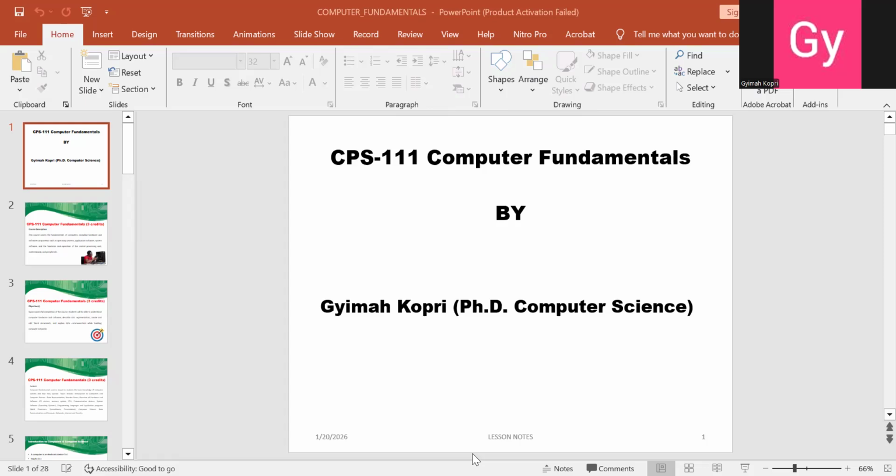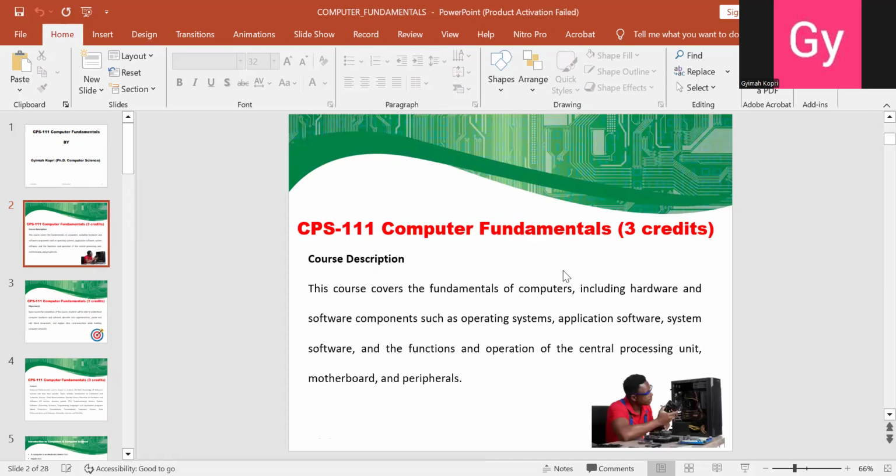Let's go to the next slide. Now, this is the course description. This entails the basic things that we'll be doing. We're talking of some hardware devices and software. As you knew from SHS, a computational system or computer has mainly two sections, which are the hardware and the software.